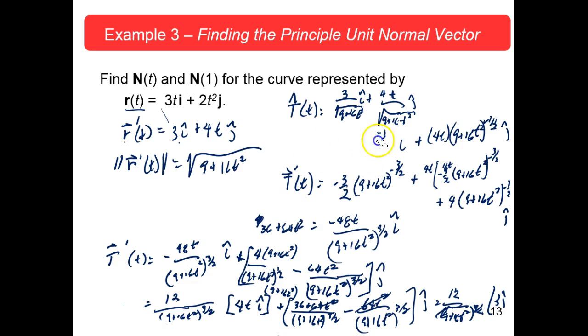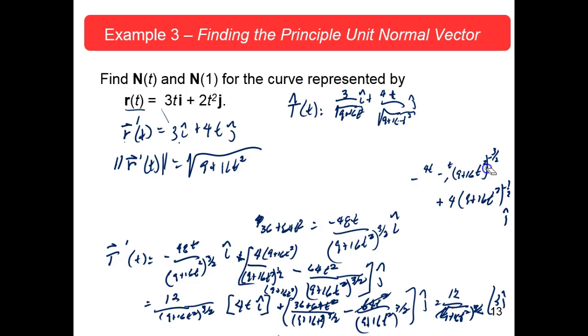So I'm going to go back and just write in what they got as their answer, because we got it too. I just did it, but I don't have room to keep it. So here's what the T prime is.